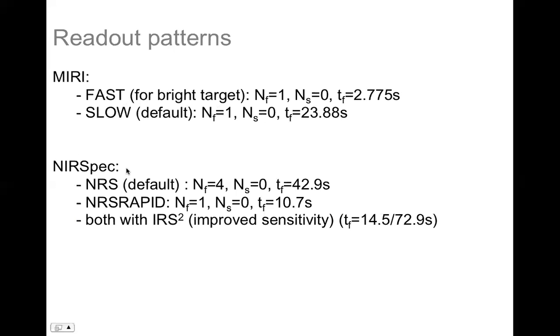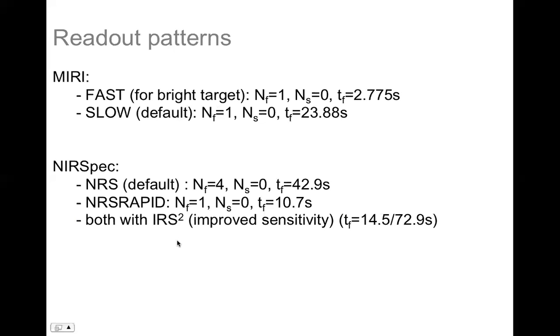For NIRSpec, there are also two options. The NRS, which is the default one, where four frames are read out and averaged into a group. But if you have a bright target, you might want to choose the NRS rapid mode, in which each frame will be kept during your observation.